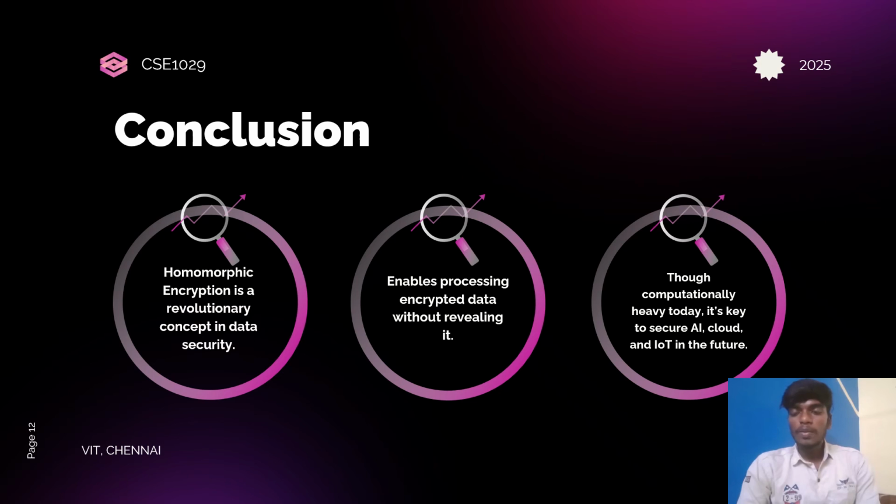Though it has a heavy computational cost today, it is highly secure for protecting AI, cloud-based technologies and IoT devices. For example, if you have a large amount of data that cannot be exposed to anyone, then in order to preserve your data for strong data privacy, we can go for homomorphic encryption.